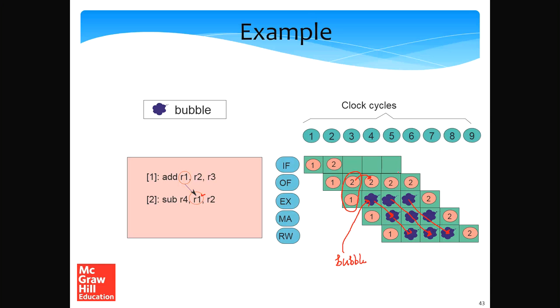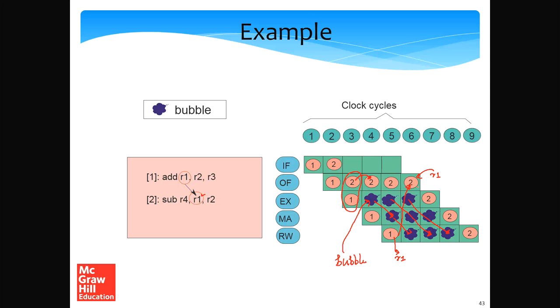But there is something interesting that happens in cycle number 6. In cycle 5, we write the value of register R1 to the register file. So in cycle 6, the value of R1 can be read by instruction 2 from the register file. Now it has the value of R1.